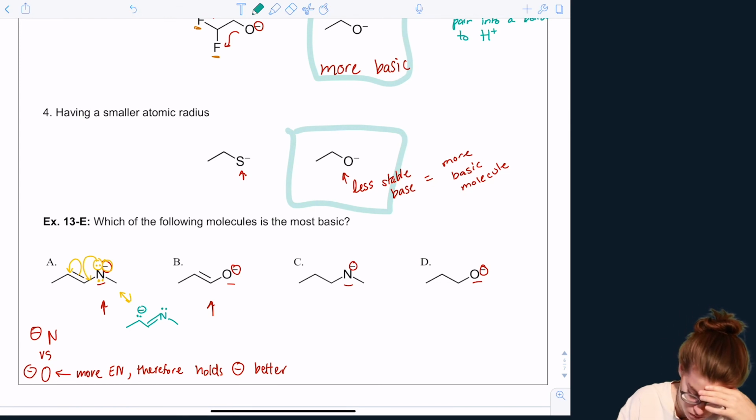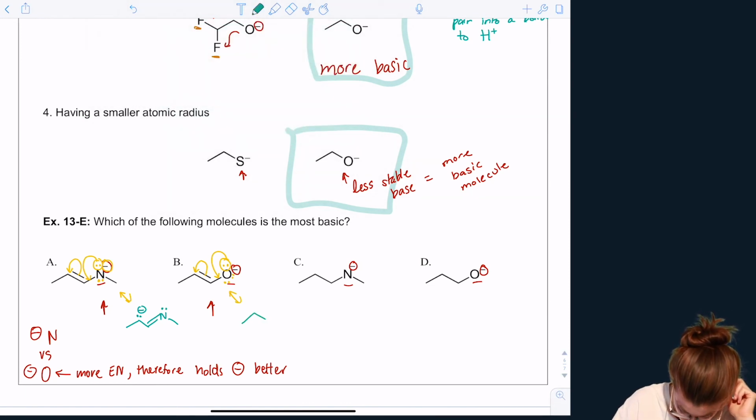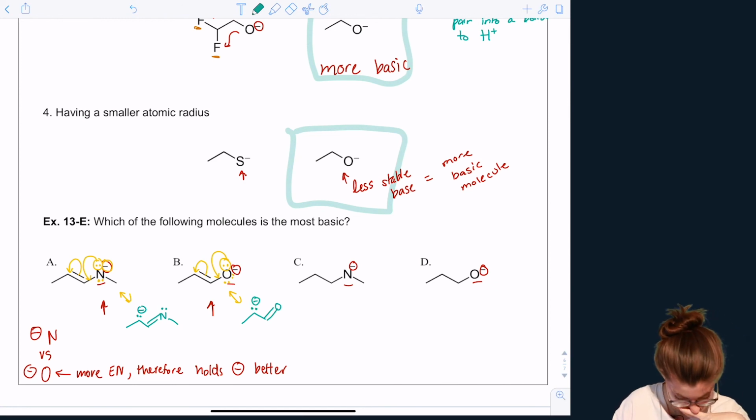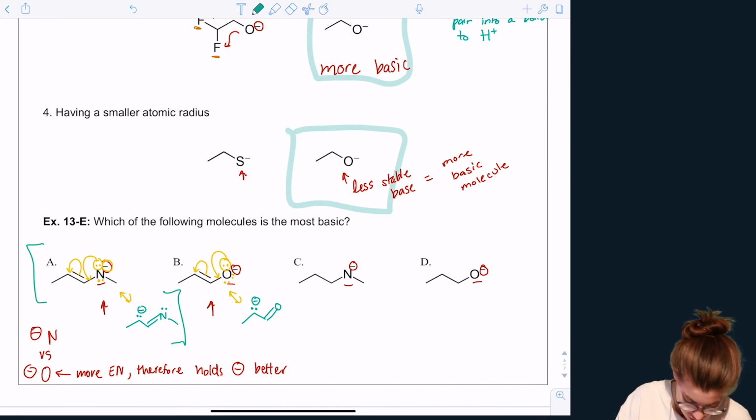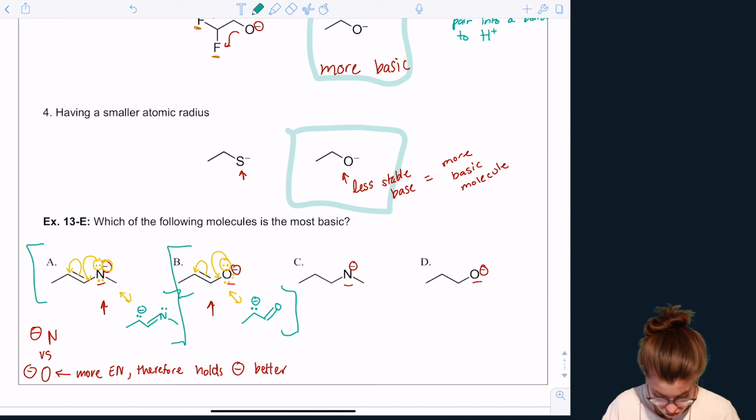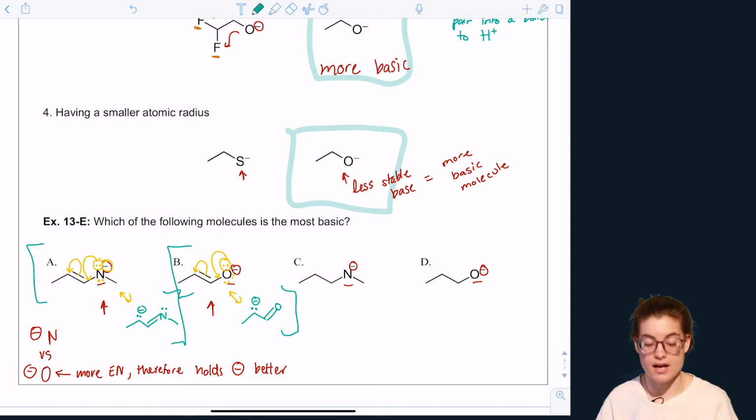Okay, and then when it comes to the oxygen, we have 3 lone pairs, and one of them will go into a bond, which forces a bond to a lone pair. And so our molecule will now look like this. Okay, so both of these have two resonance structures, which means they're resonance stabilized.